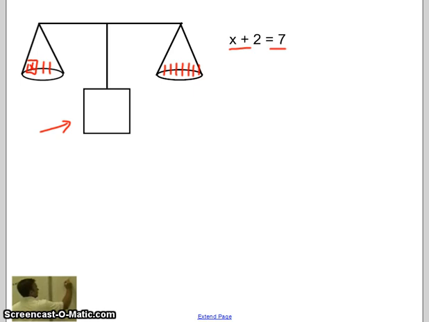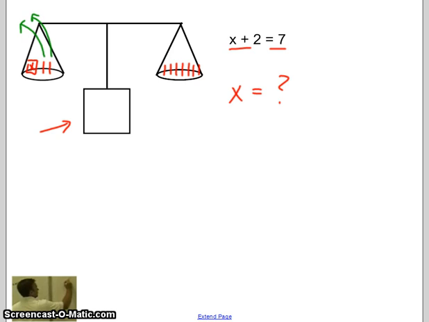Well, if I want to figure out what x is, I have to get it by itself. What is x? I have to get it by itself. So what I'm going to do is take off 2 of these blocks.